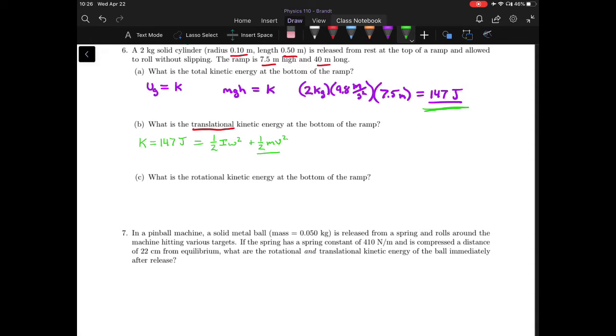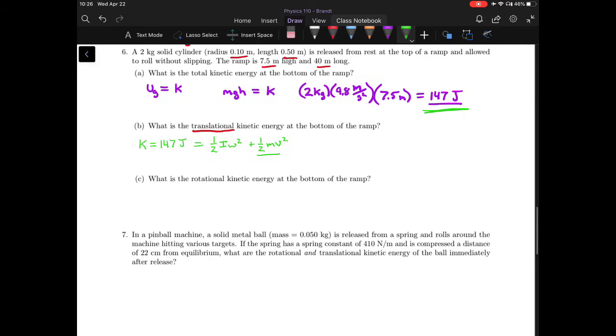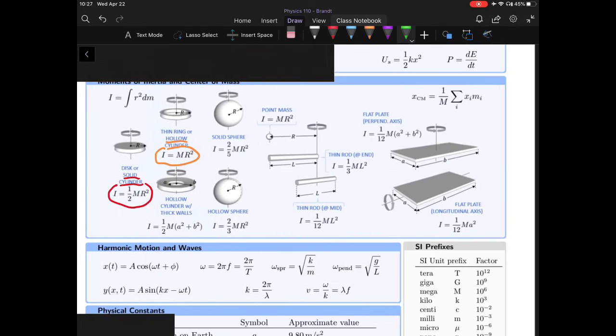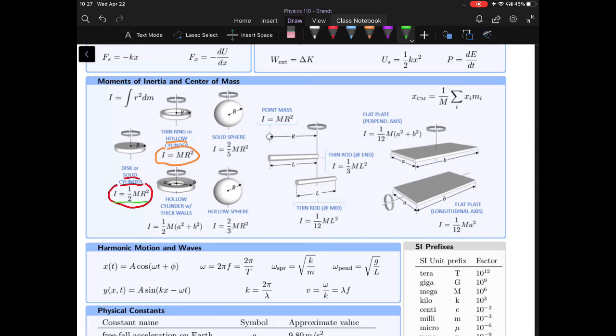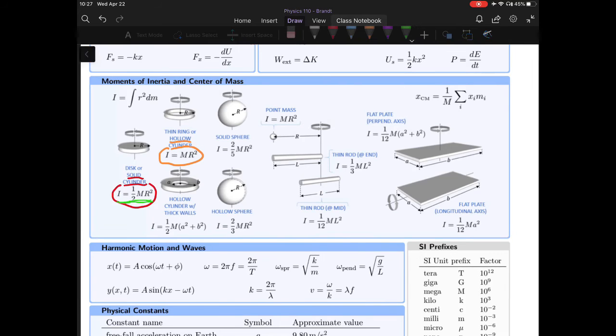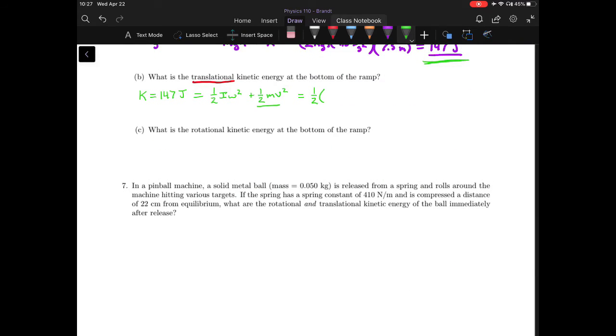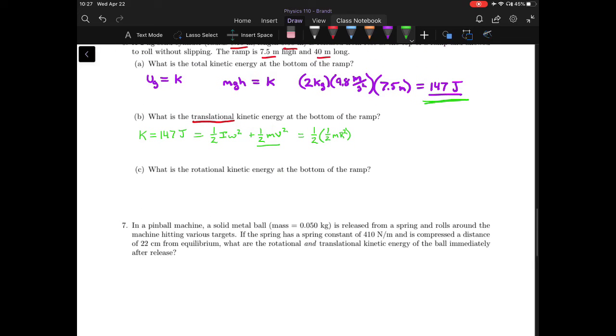We're trying to find how much translational kinetic energy it has. Now we know it's a solid cylinder, so if we rewrite this again, our I, we can go back to our equation, and disk or solid cylinder is 1/2 mr squared. We have 1/2 mr squared for I, and then omega.